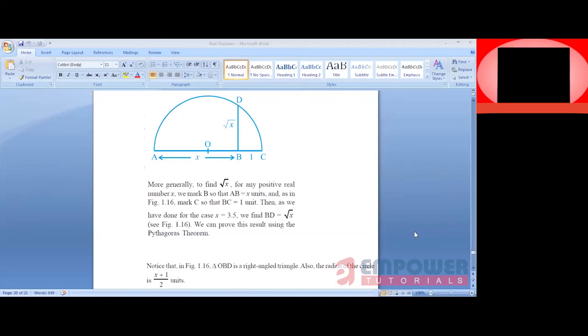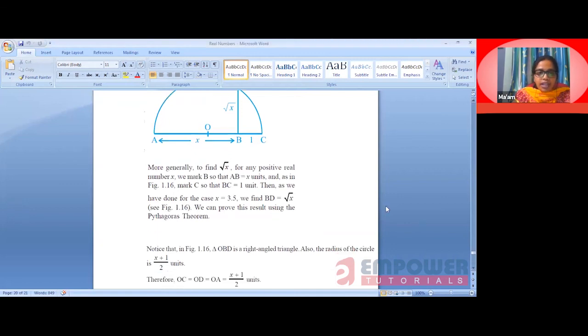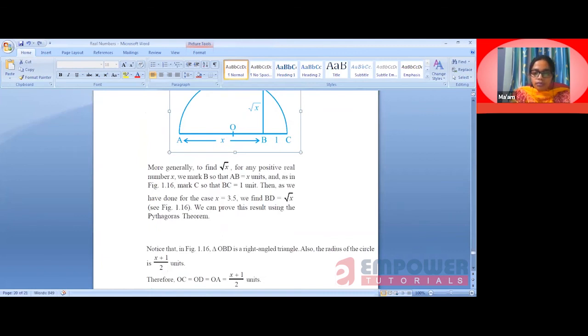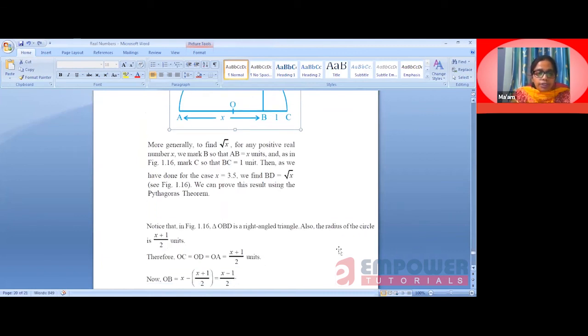Now, if you see in triangle OBD, what we are going to notice in the figure is that triangle OBD is a right angle triangle.